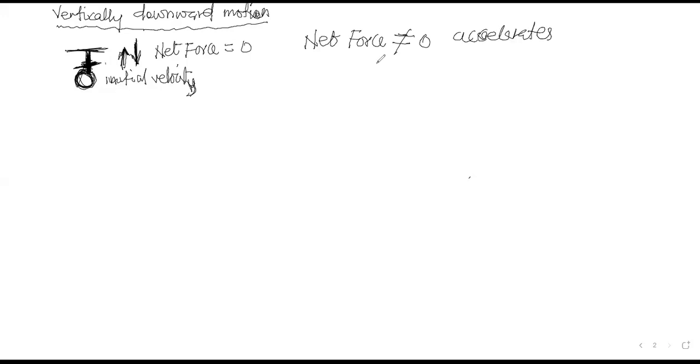So it means that there is no acceleration when net force is 0. When net force is not equal to 0, bodies begin to accelerate, and this acceleration is due to gravity. So initial velocity is 0 because the net force acting on the body is 0.